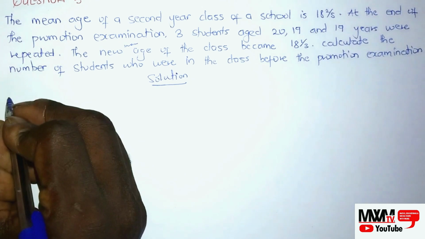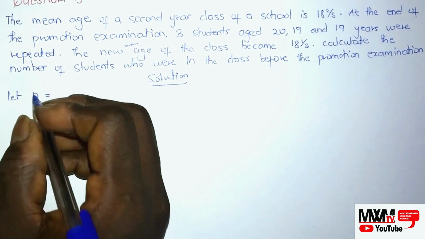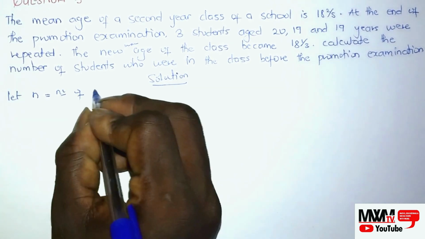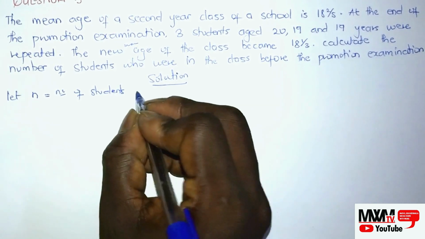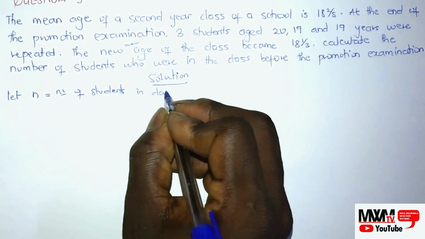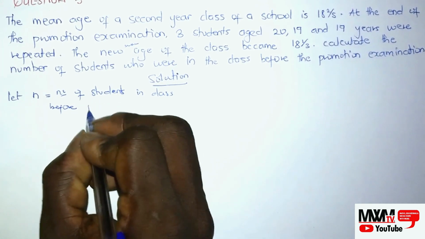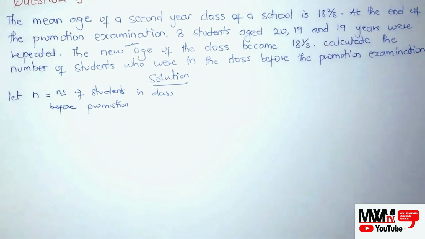Now I can say that let n be equal to the number of students in class before promotion. And that's what we are asked to find.